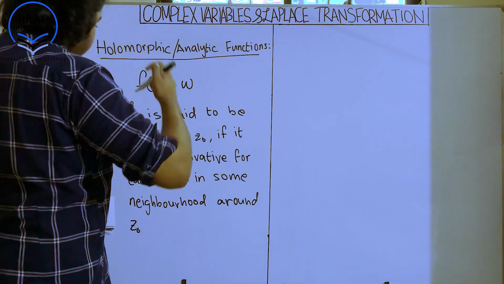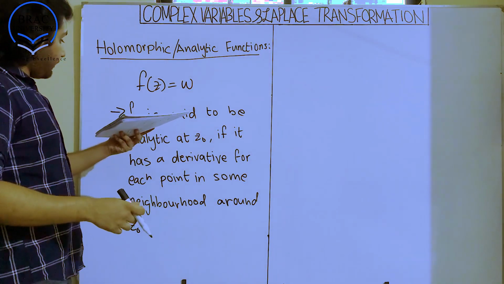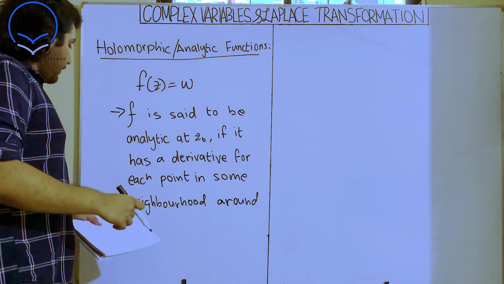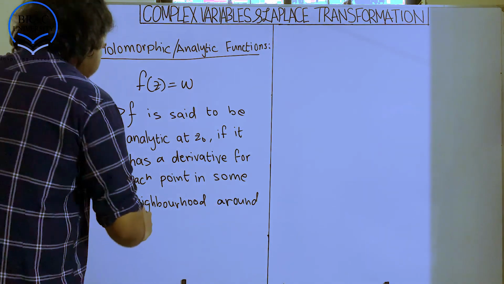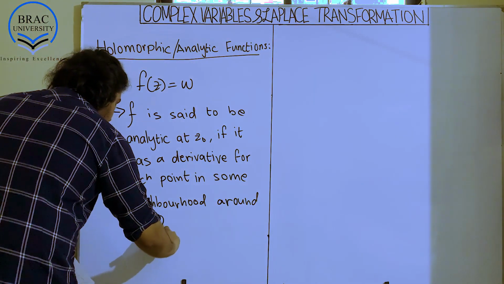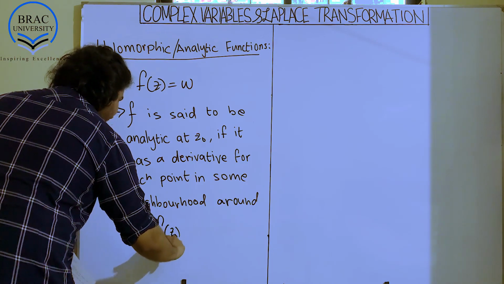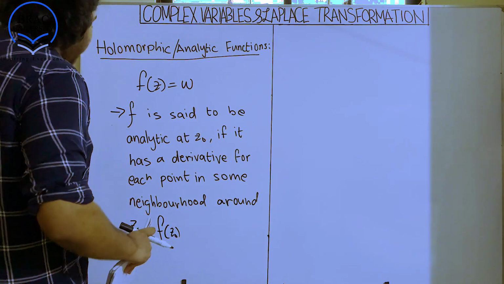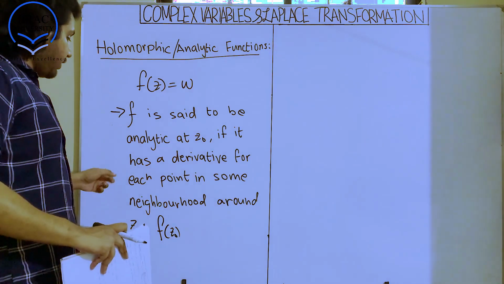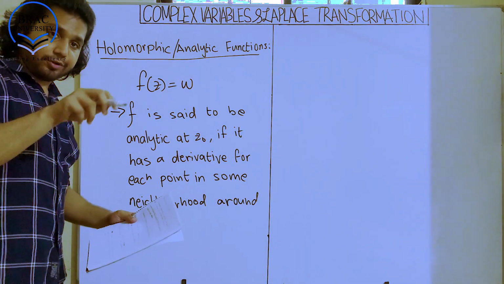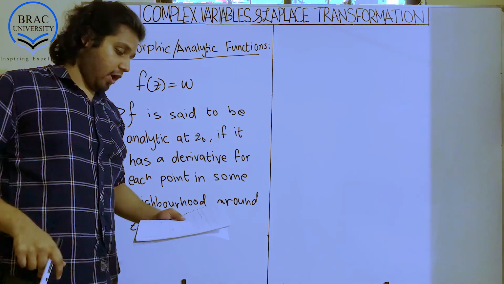This statement states that f of z0 is said to be analytic if there exists a derivative for each point in some sort of neighborhood around your point z0.